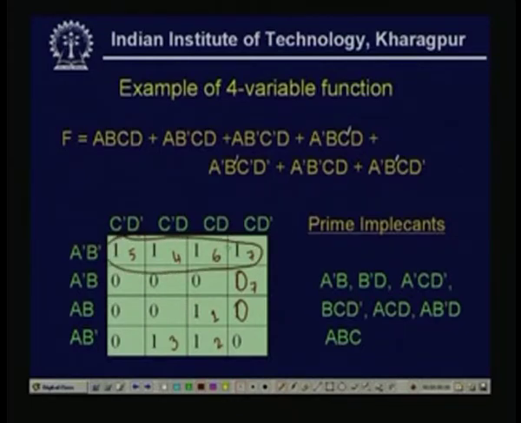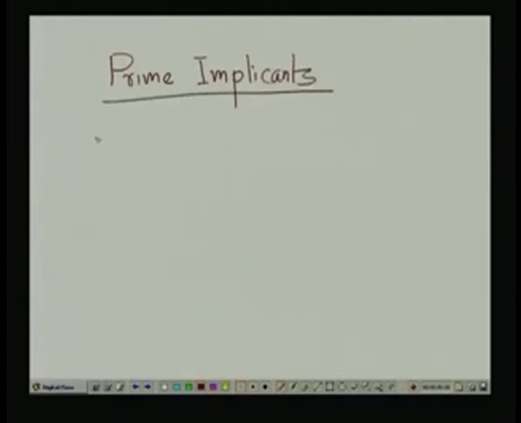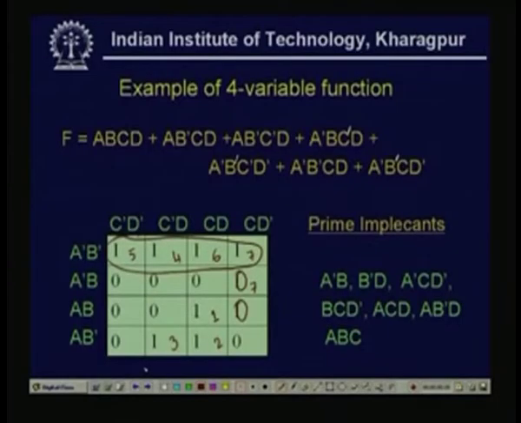So, for this the prime implicant is, if I write the prime implicants, so for the one it is A bar B bar, because this is nothing but the first row.